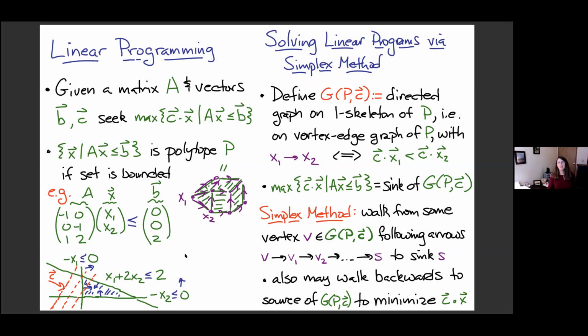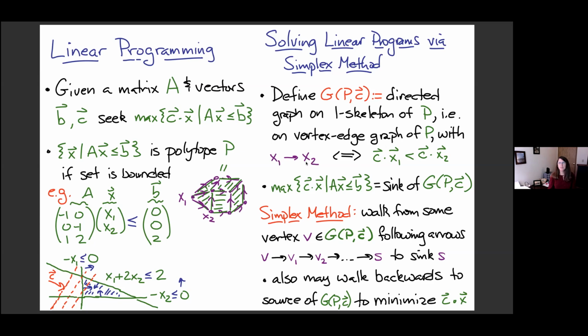I'm going to denote it as G of P comma C. We're going to assume that our cost vector C is generic. Our definition of generic is that we don't have any ties as far as the cost of 2 vertices at the endpoints of an edge, so that there will be a well-defined direction on each edge.